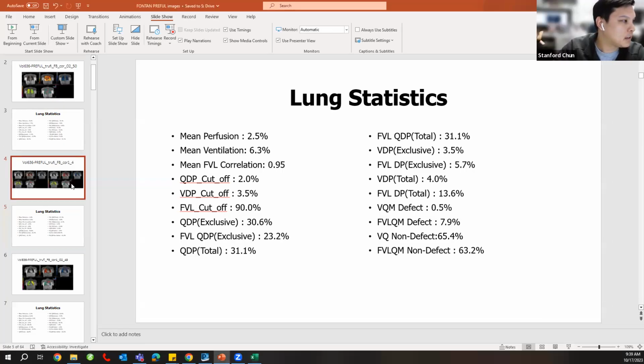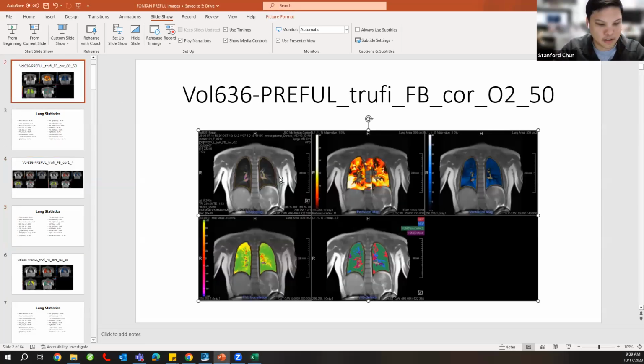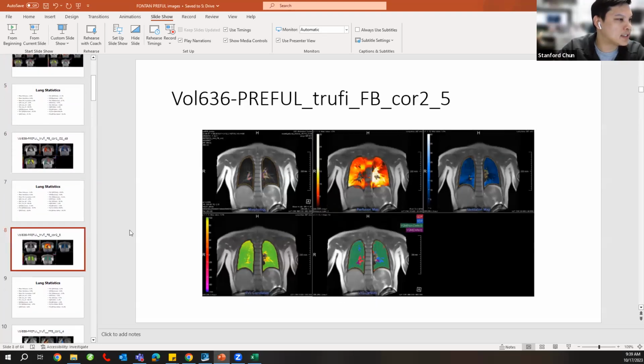Okay, and for this one, this is the same patient, different slice.